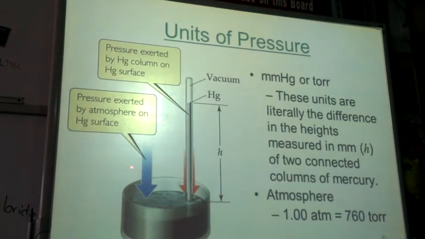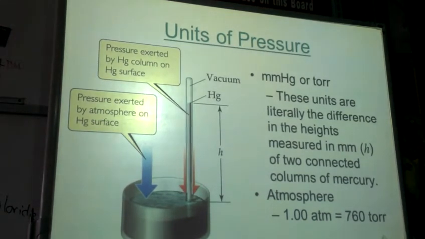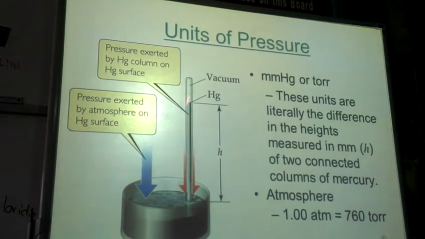In this container of liquid mercury, he also included an empty, vacuumed long cylindrical tube, and that was empty at the time.